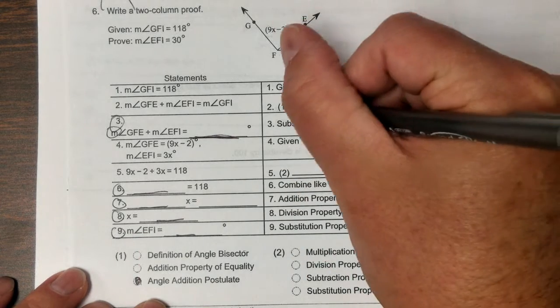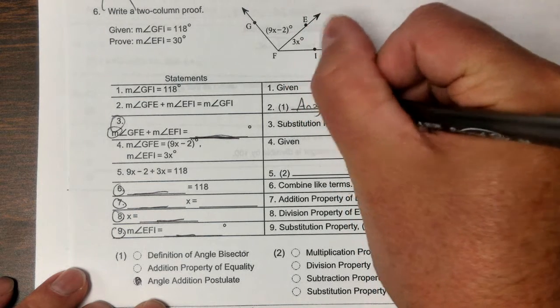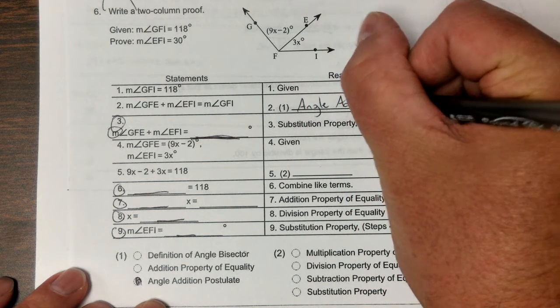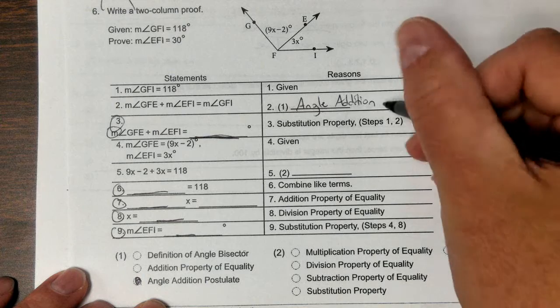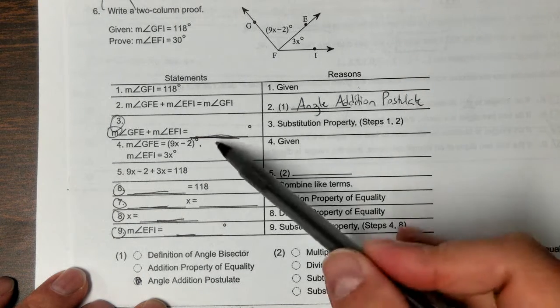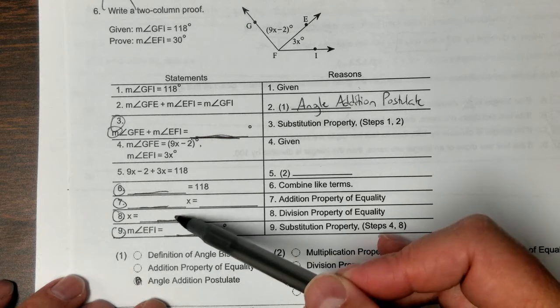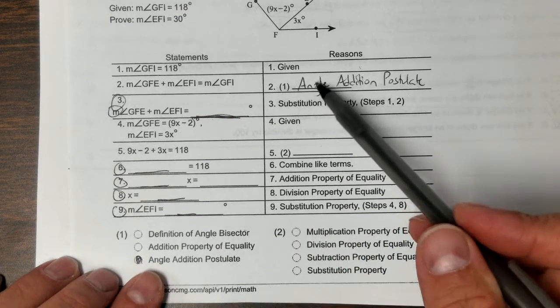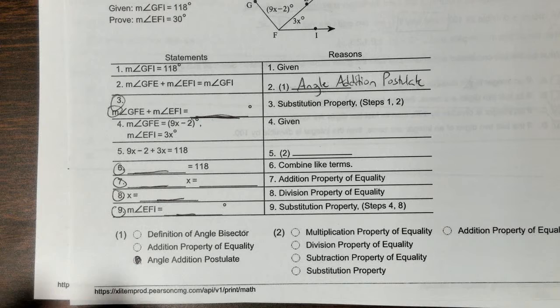You don't really have to write it in this blank, but if you want to, you can. You might want to do that so you remember to fill in these blanks. But I'm not going to count off if you don't have it there. So that's the angle addition postulate.